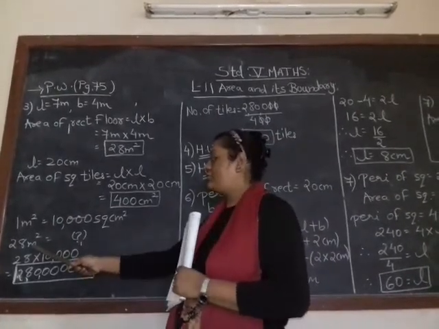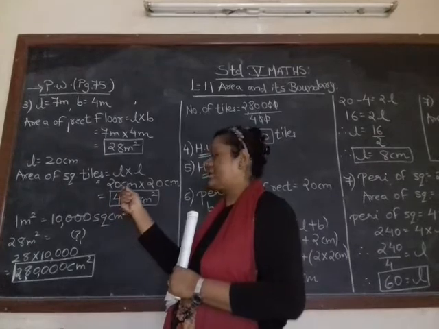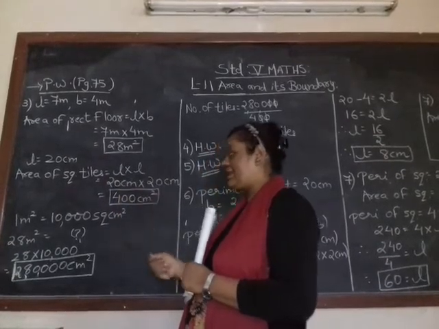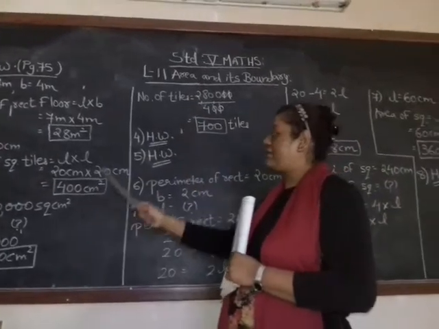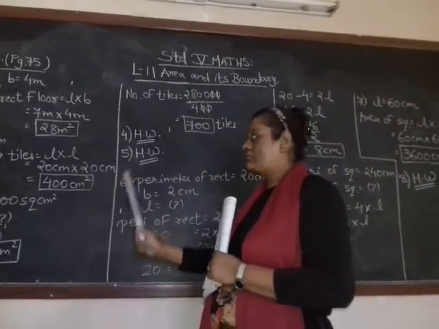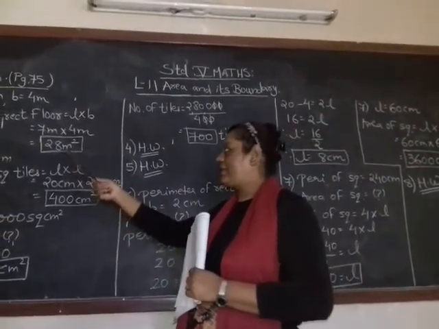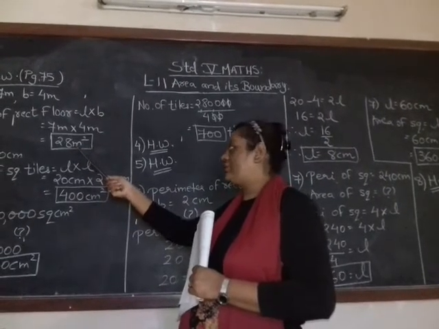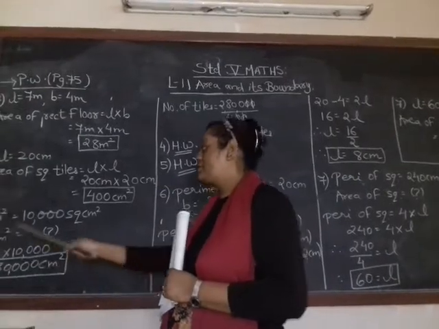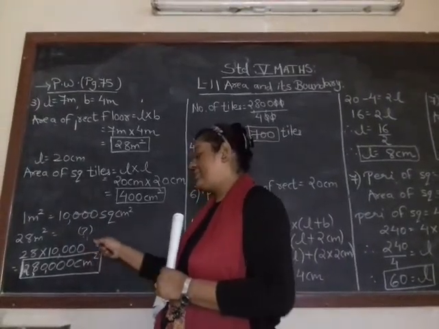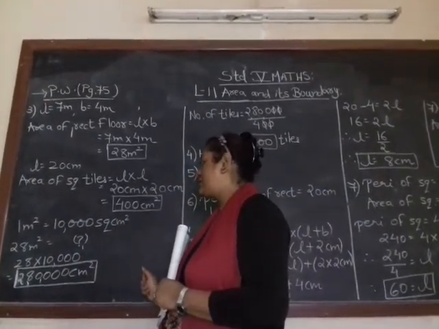So what about 28 meter raised to 2? Again I repeat, we want the number of tiles and the tiles have a unit centimeter. So this floor, what we are getting as the answer, area of floor in meters, will be converted into square centimeter. So 1 meter square is equal to 10,000 square centimeter.